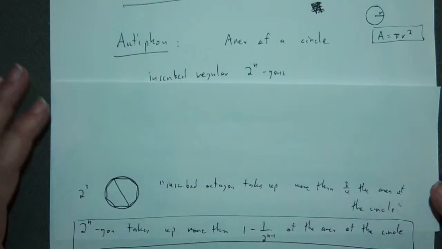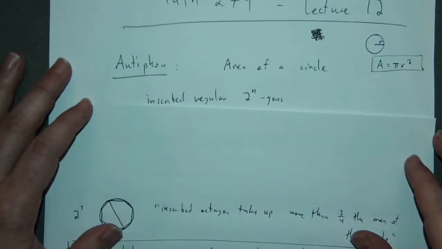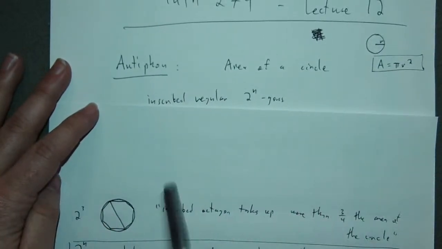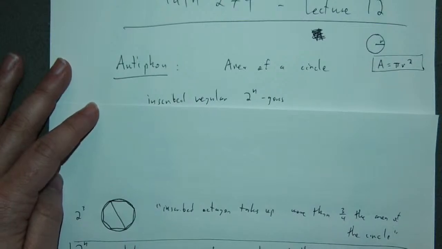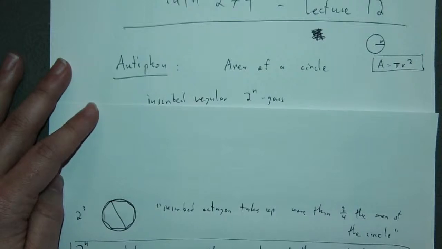There were bounds that you could put on. You knew that an inscribed square, a regular four-gon or 2 squared gon, takes up more than 1/2 the area of a circle. The inscribed octagon takes up more than 3/4 the area of the circle. Another bound that they knew was that an inscribed 2 to the n-gon takes up more than 1 minus 1 over 2 to the n minus 1 of the area of the circle.